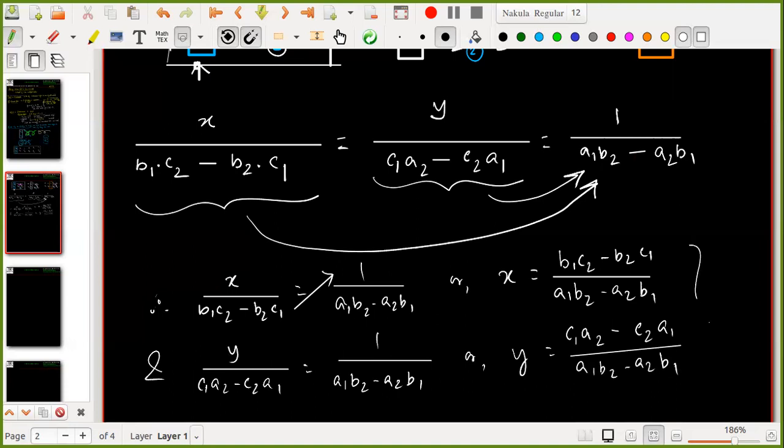This is the general solution, the general form of solving for x and y with the coefficients a1, a2, b1, b2, c1, c2 given. So this is the method of cross multiplication.